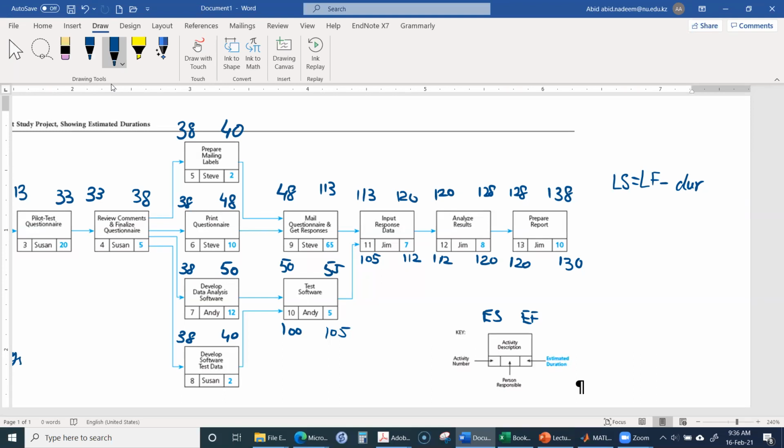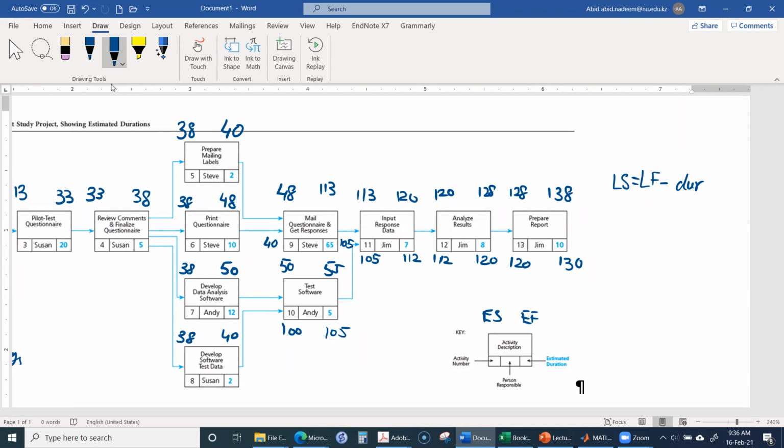I don't have much space over here, so I will write it like 105. And 105 minus 65 is 40. Okay, 40 here.